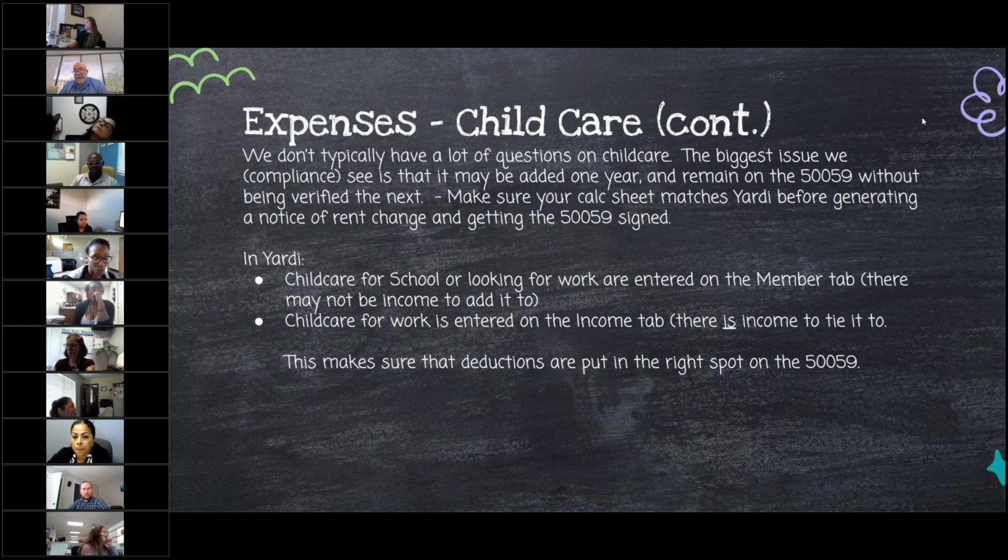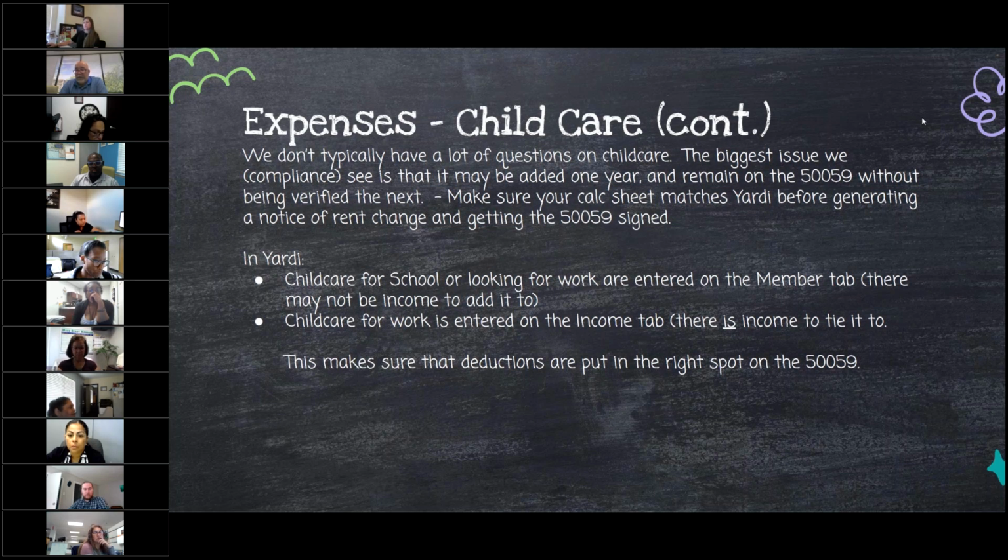The other thing I tend to see is that it's entered in the wrong spot in Yardi. And I 100% understand because Yardi doesn't make it easy or clear. But there are 2 places to enter childcare expenses within Yardi. One is on the member tab, where school or looking for work childcare should be added.